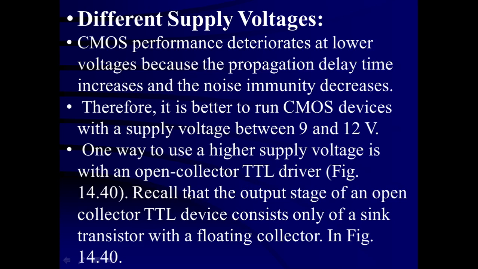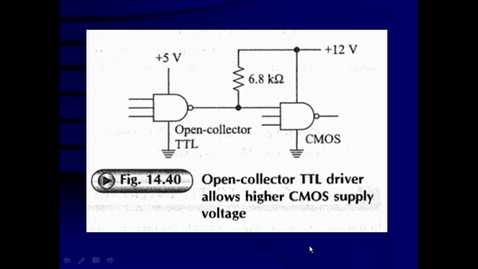Recall that the output stage of the open collector TTL device consists only of a sink transistor Q4 with a floating collector in figure 14.40. This is just a circuit diagram. Open collector TTL devices: TTL is running with the 5 volt VCC. Ground and VCC is connected.